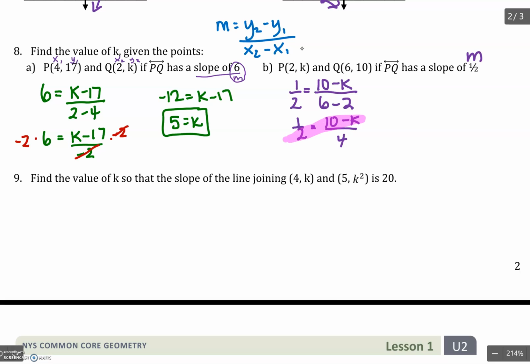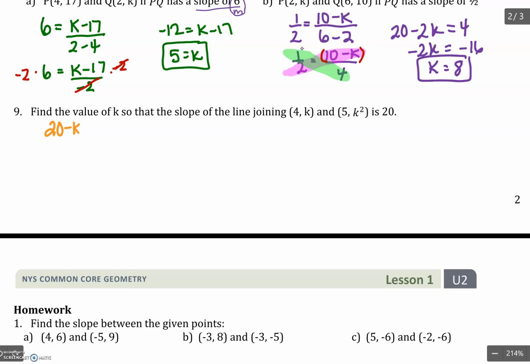When you do cross multiply, you're doing multiplication, so don't forget to distribute when you do that in the pink here. So 2 is going to multiply by 10 minus k and become 20 minus 2k. And then 1 times 4 is 4. I'll subtract 20 from both sides, divide by -2 on both sides, and get k as 8.